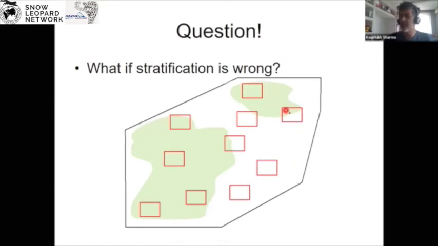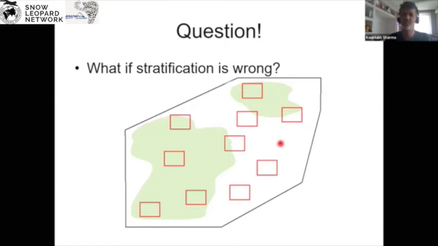But in reality, the animal distribution is not aligned according to what my understanding of strata was, but it's distributed like this. What happens if I stratify wrongly?